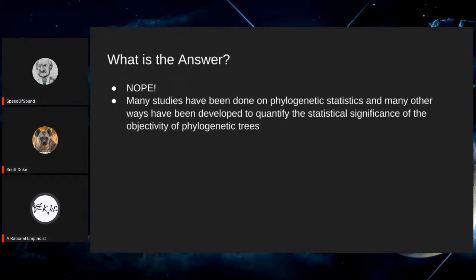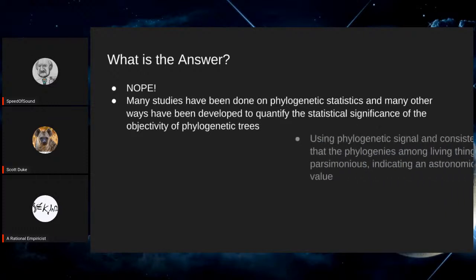There have also been other ways developed to quantify the statistical significance of the objectiveness of these phylogenies. Some of them are called bootstrapping and Bremer decay analyses, which I don't really understand enough to go into right now. What was the second word you used? Bootstrapping and Bremer decay, basically. Bremer decay, that's the other one I've heard of. Yeah.